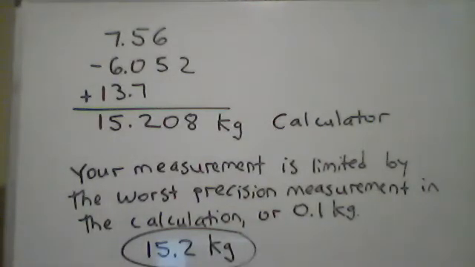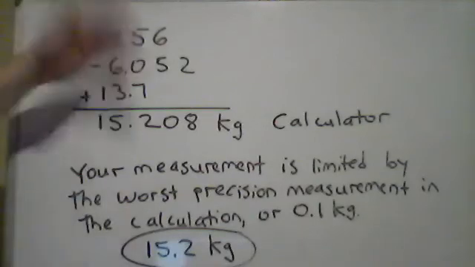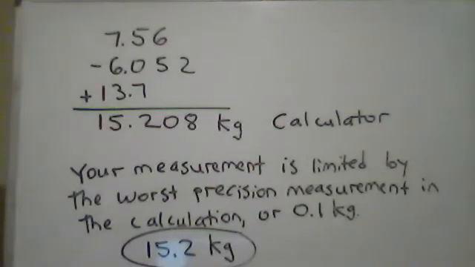The total precision of these additions and subtractions is no better than the worst precision of any of my measurements. In this case, my worst precision is the potatoes on the bathroom scale. So it basically made my entire addition and subtraction measurement only as good as that.